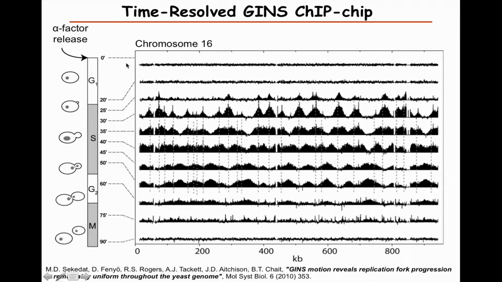But when the cells enter S phase, we start seeing that GINS binds to origins of replication. For some origins the binding starts earlier and for others later. Then GINS accumulates at the origins and starts moving away from them. Finally there's not much GINS left at the origin, but it is found between origins. So GINS accumulates at origins and then moves out as replication happens.